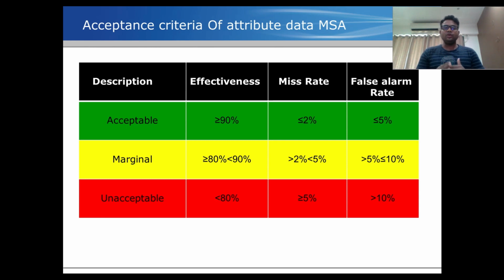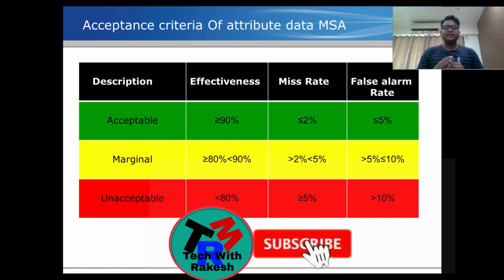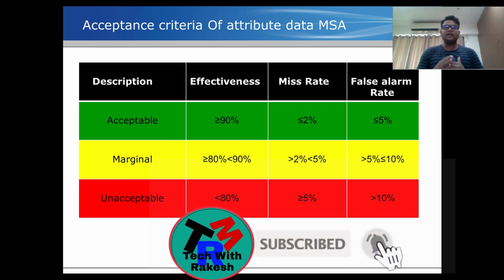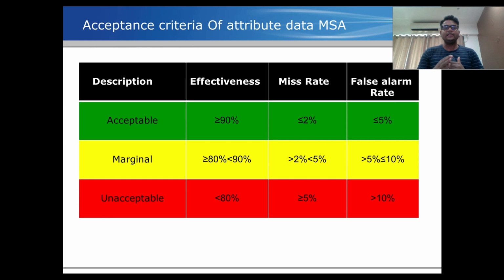And when your effectiveness is less than 80%, your MSA is not acceptable, and you have to rerun the MSA process steps one by one. Then after taking some action, you have to calculate the MSA again.